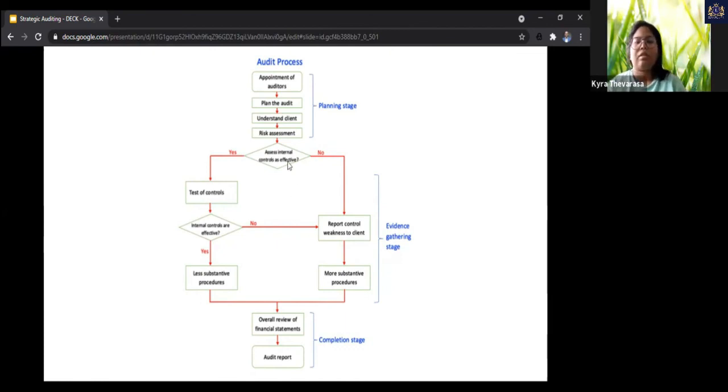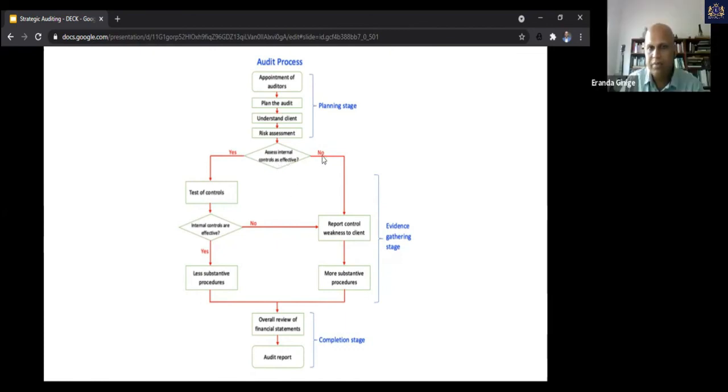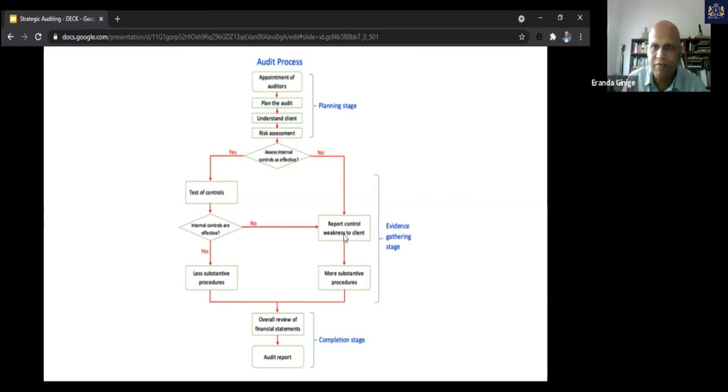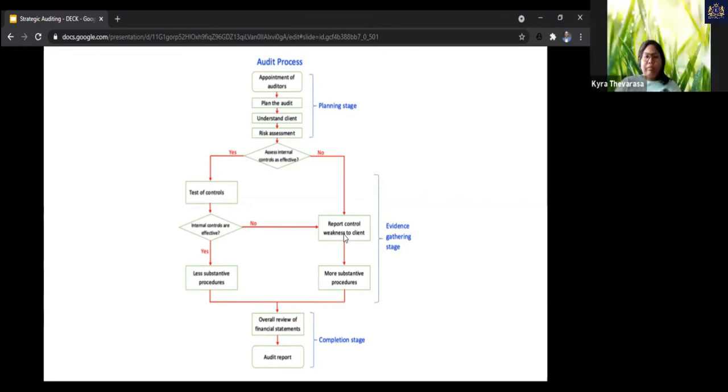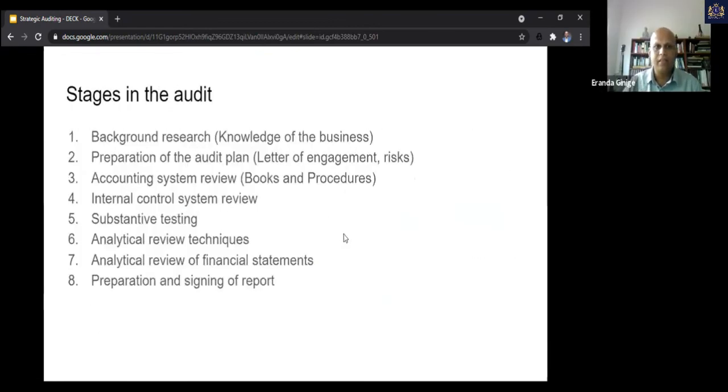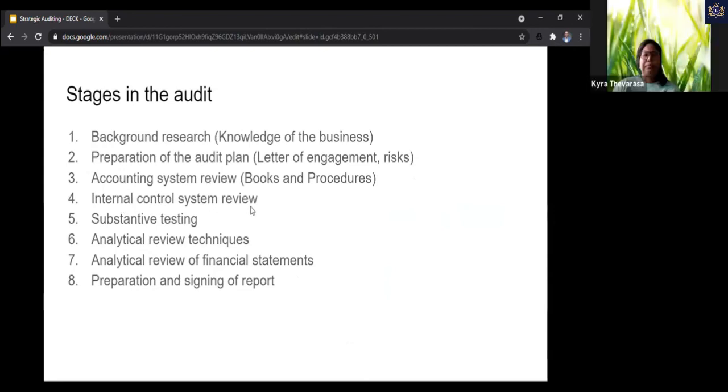If the internal controls or the system are not very effective, then you have to go for substantive testing. So that's the idea here. The whole purpose of doing this bit, the internal accounting system review and internal control system review, is for that.